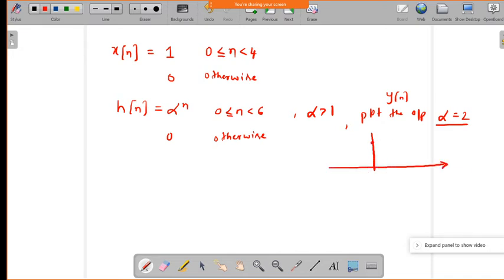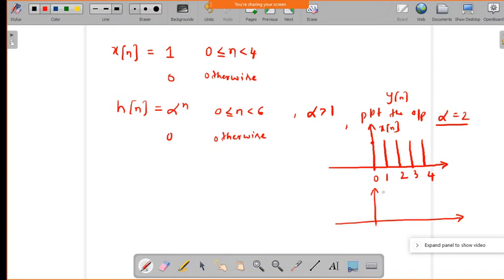x of n is between 0 to 4. Okay. So this is 0 and 1, 2, 3 and 4. So this is your x of n. Okay. So similarly you can plot h of n. So h of n is alpha power n.